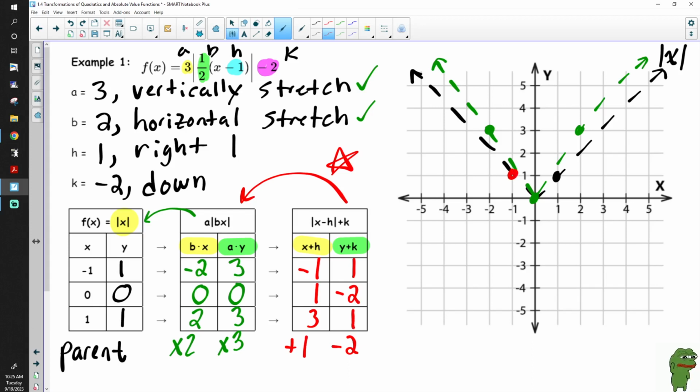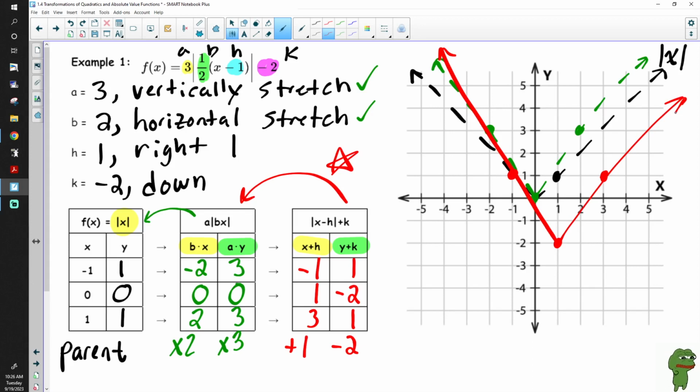We got 1, -2. And we have 3, 1. I connect with the solid line because it's my final answer. There is my transformed absolute value, final answer.